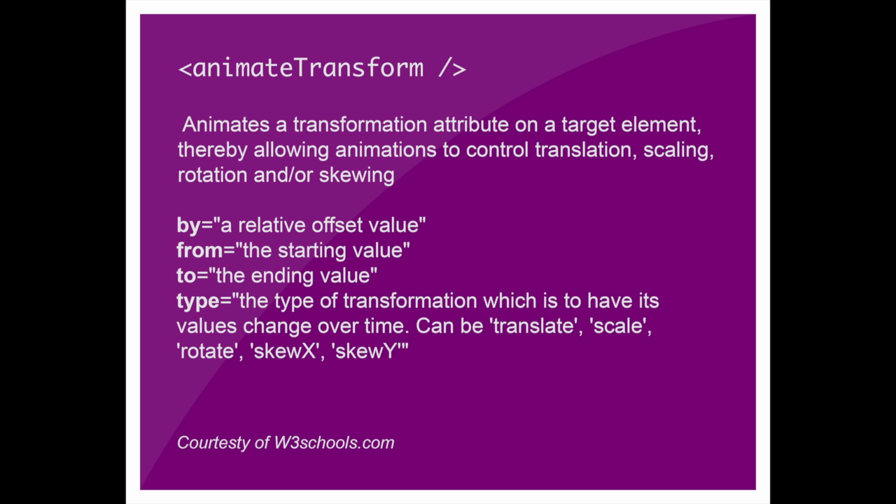So giving it a value, by how much, from wherever you want to start from, if we're rotating 0 degrees, and then rotate by, and then to, if you wanted to end on 360, full circle. And then type can be a few different options, whether you want to translate, scale, rotate, skew X or Y. So those pretty much cover the basic ones you use for animation: animate, animateTransform, animateMotion, and set.